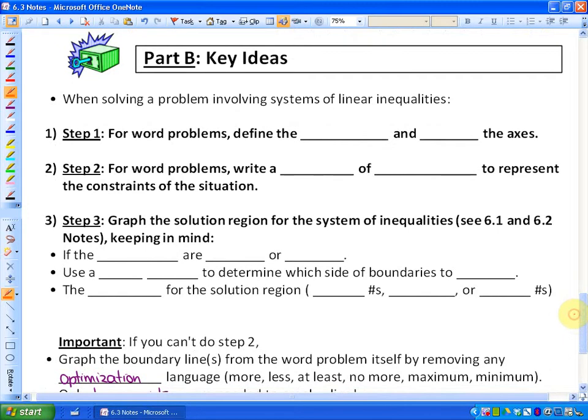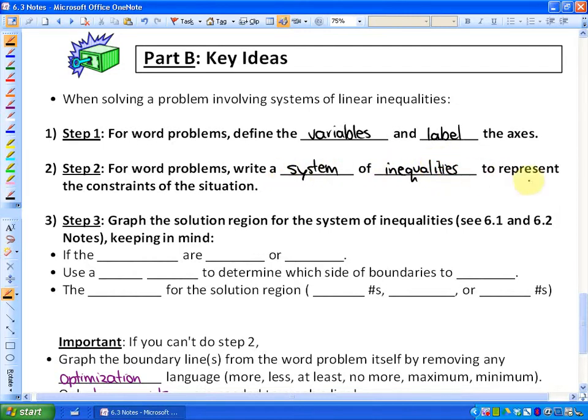So lastly, the key ideas when solving a problem involving systems of linear inequalities. The first thing you should do is define the variables. So what are the two things that you are trying to find different combinations of, and label the axes. For word problems, what you should try to do, if you can, is write a system of inequalities to represent the constraints of the situation. I did this backwards, so when I showed you I didn't do this first, but you could, and a lot of you might find this easier.